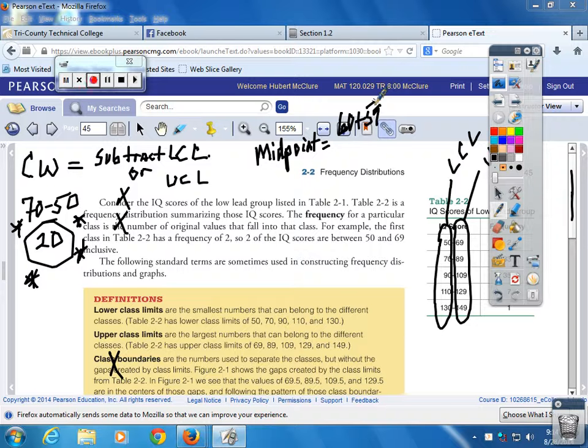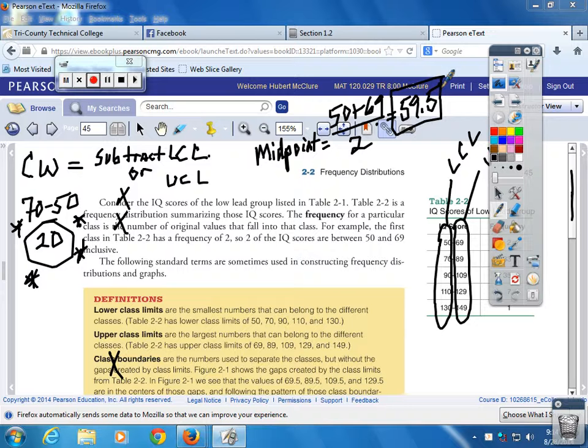It's 50 and 69. I'm dyslexic this morning. 50 and 69. 50 plus 69 divided by 2. And 50 plus 69 is 119, divided by 2 is 59.5. Y'all check me. 59.5.